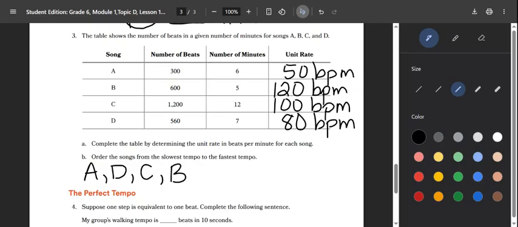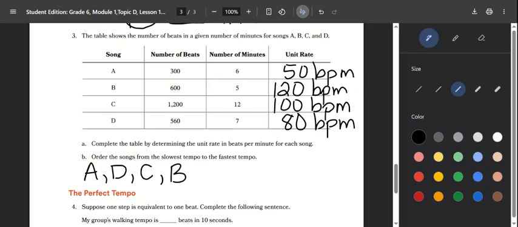So we're going to get a unit rate for the, let me just put it, let's see where I have the most room. Yeah, I have a lot of room down here. I'll go down here.